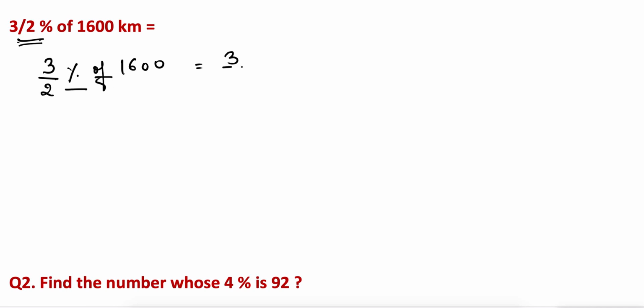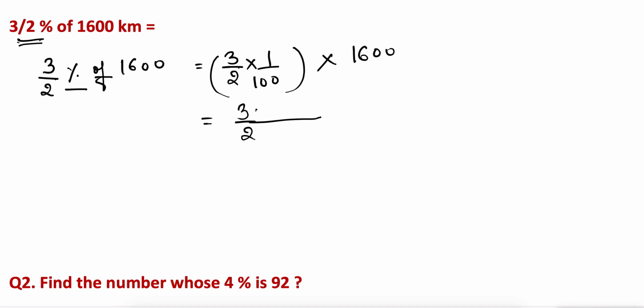So it will be 2 by 3. To remove the percentage sign we have to divide by 100, and "of" is replaced by multiplication, 1600. So let's simplify it. 2 by 3 multiplied by 1600, and in the denominator 2 multiplied by 100. 2 ones are 2, 2 eights are 16, 8 threes are 24.